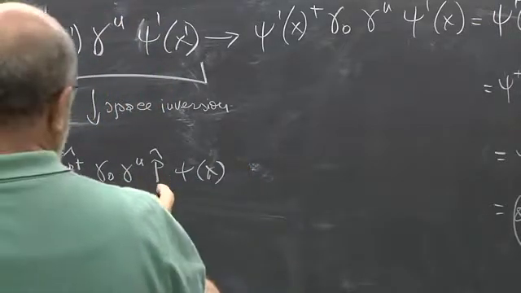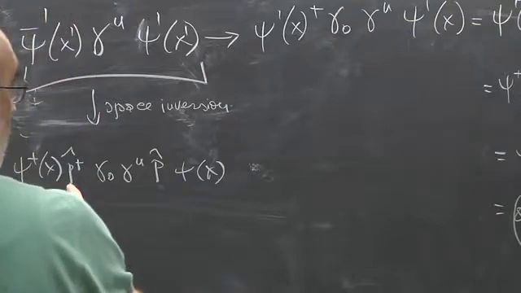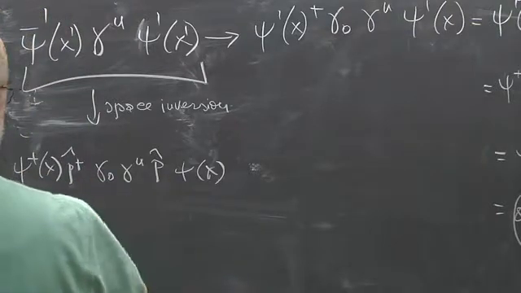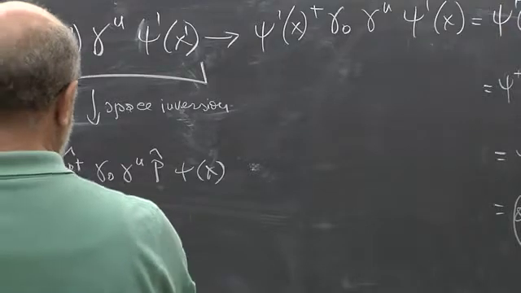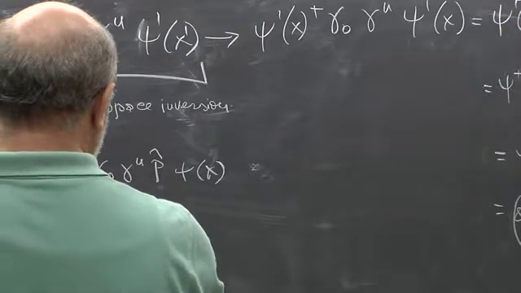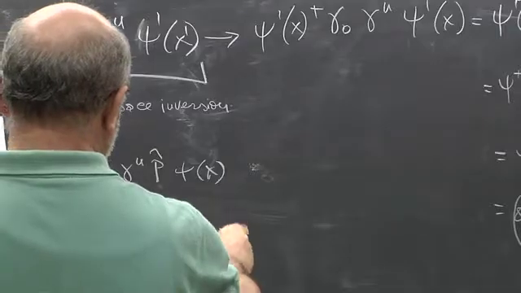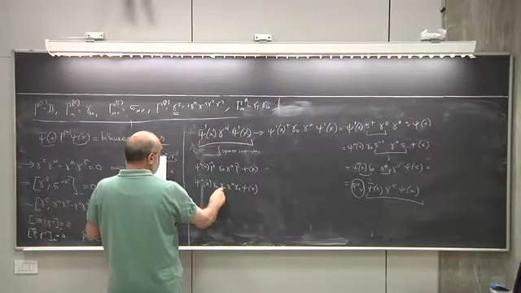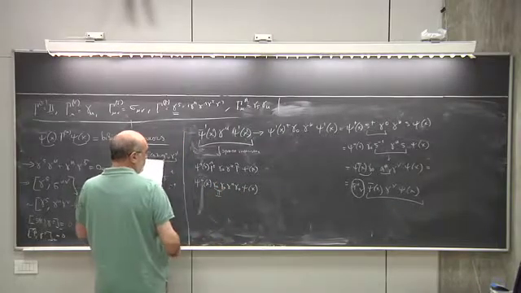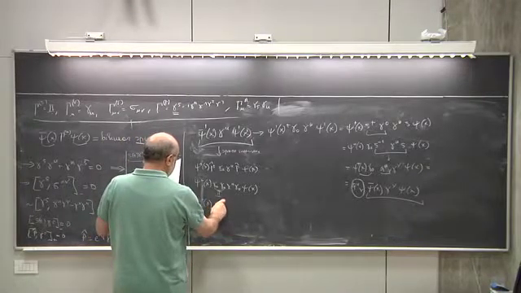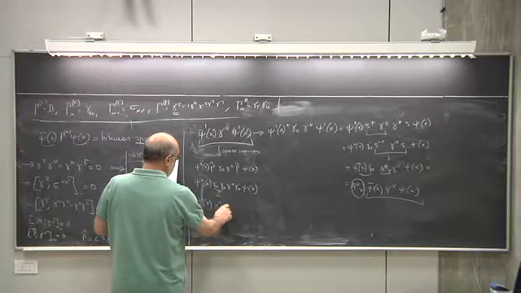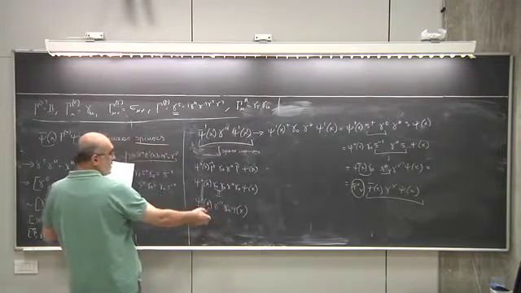Well, these are nothing else than gamma 0 with a phase here and the opposite phase there. So the two phases cancel and we get gamma 0 gamma mu gamma 0 psi of x. This gives me the identity. So I have psi dagger(x) gamma mu gamma 0 psi of x. And now let's see here.